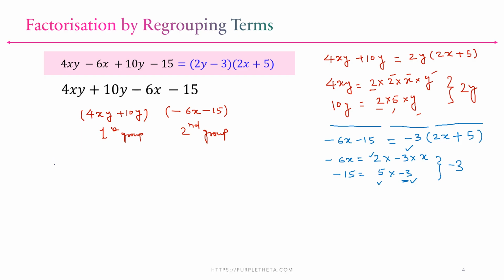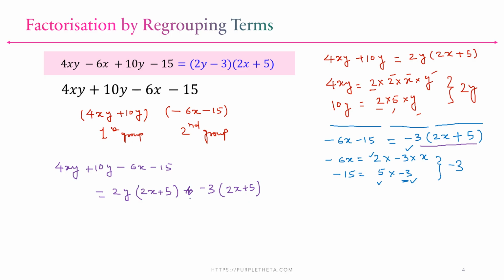So 4xy plus 10y minus 6x minus 15 is equal to, from the first group, 2y in the bracket 2x plus 5, and from the second group, minus 3 in the bracket 2x plus 5.